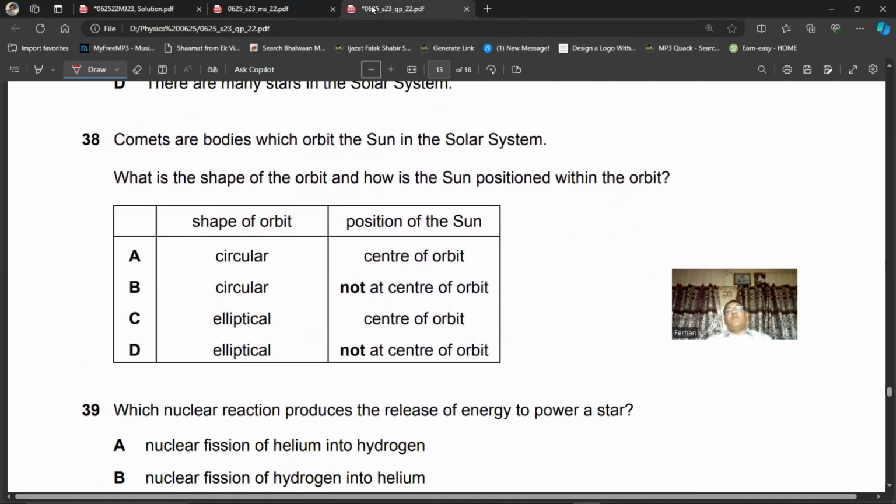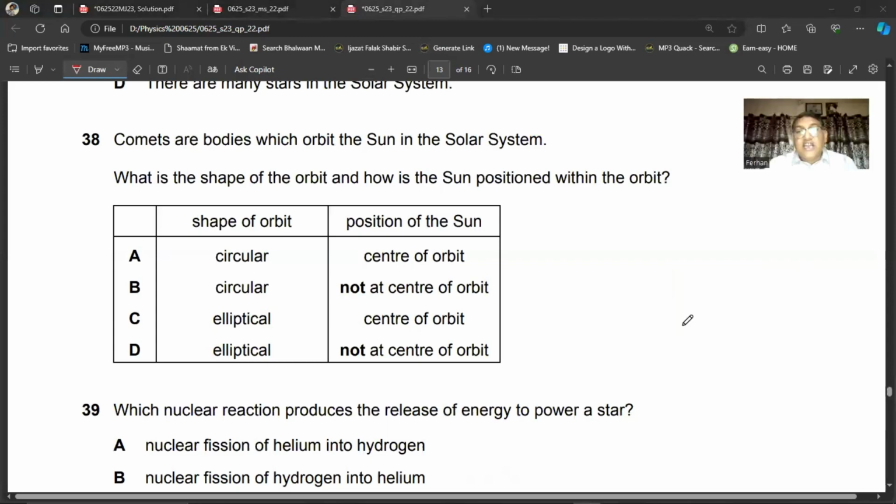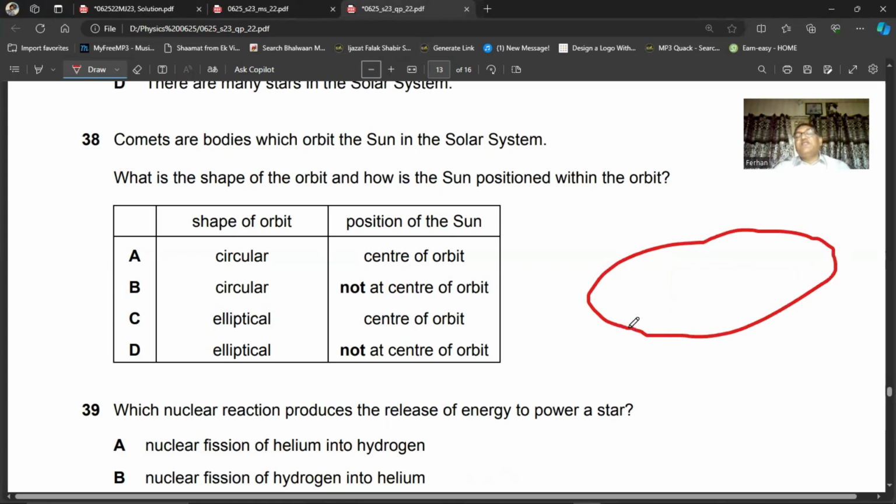Comets are bodies which orbit the sun in the solar system. What is the shape of the orbit? Okay, this shape is called elliptical.